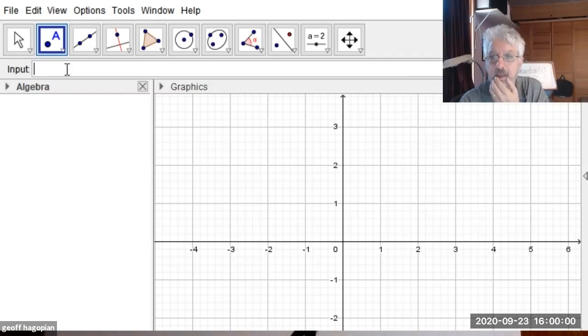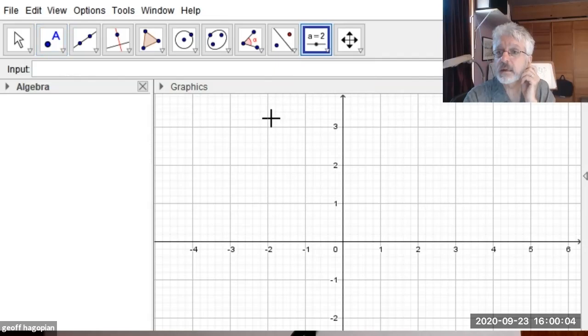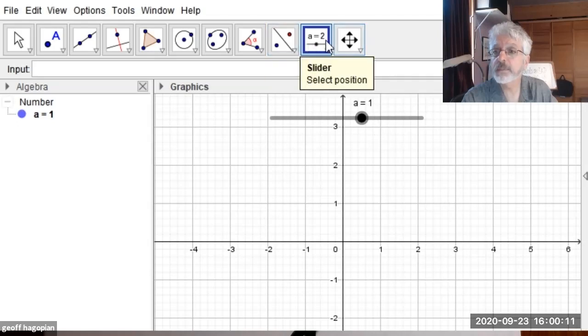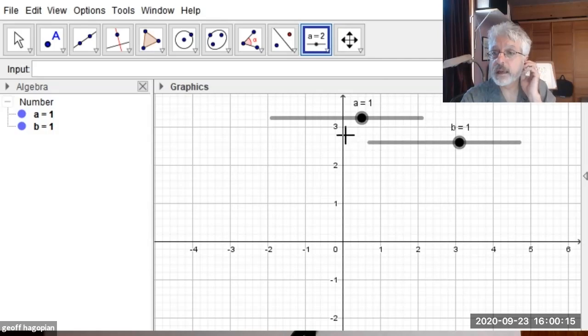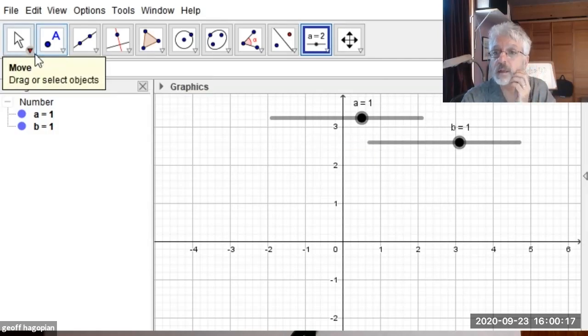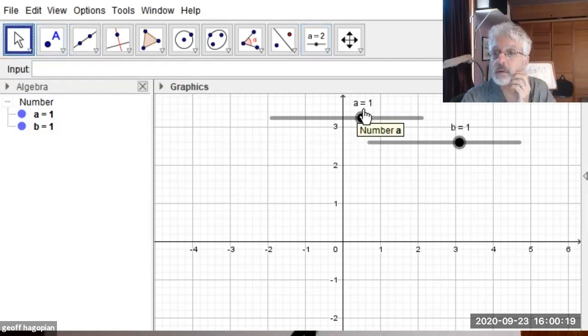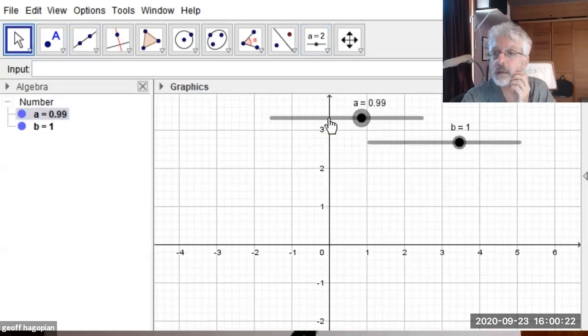Okay, so now I'm going to enter a different function. Let's add a couple of sliders. Here's a slider for a. And here's a slider for b. Okay, we can edit those later if we need to, right? So can I move them? Whoop, not that, but this.